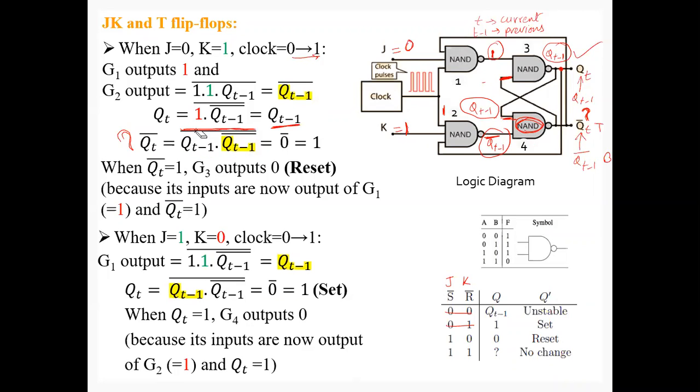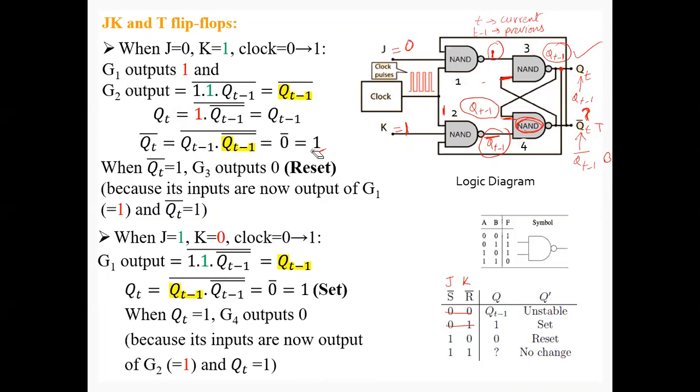Then what is this times this? What is A times A bar? 0. Then you have the whole bar, 0 bar. What do you get? 1. See, your QT bar is 1.